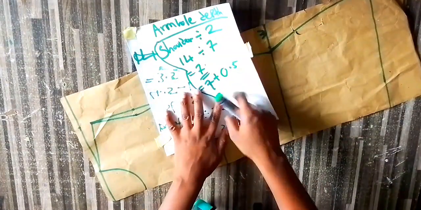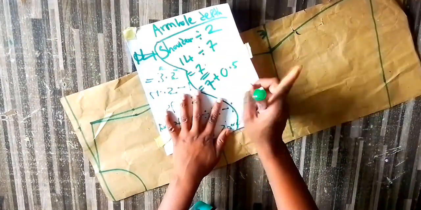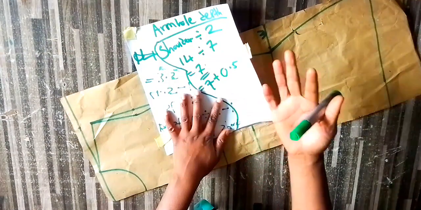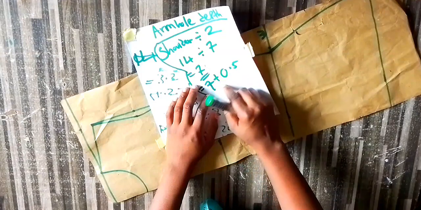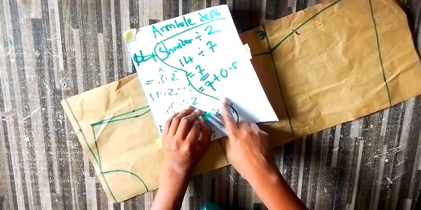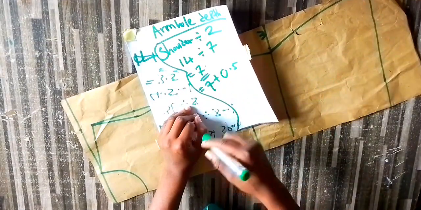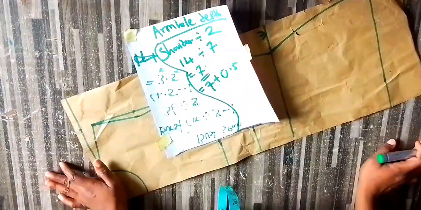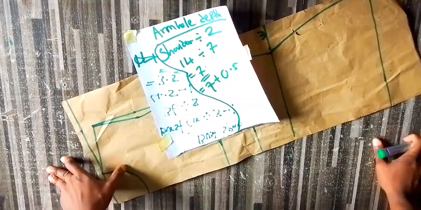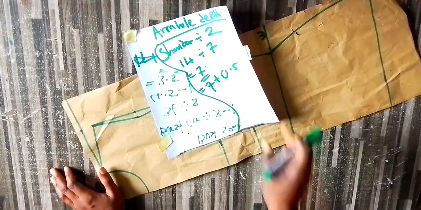And if you are making a sleeveless top, because you wouldn't want your armpits to be showing, instead of 7 you minus 0.5 from the 7. I hope this is clear, guys. If you don't understand, you can ask your questions. So that is all for your armhole depth.